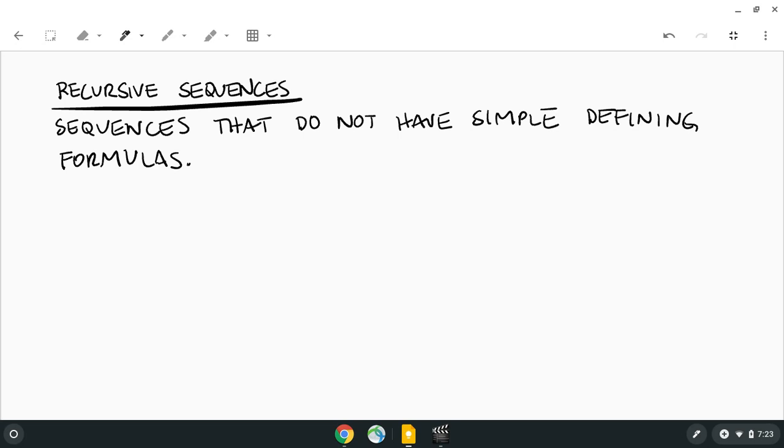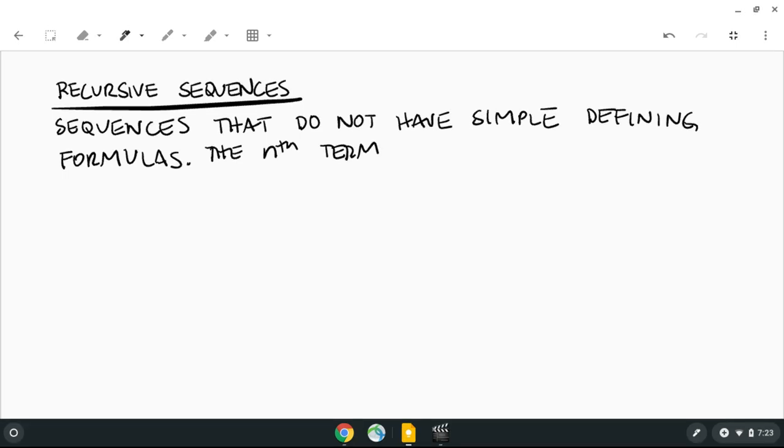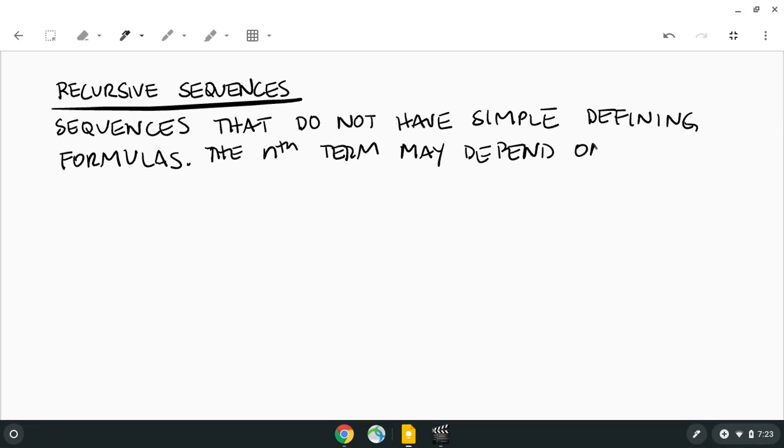So what happens is the nth term may depend on some or all the preceding terms.